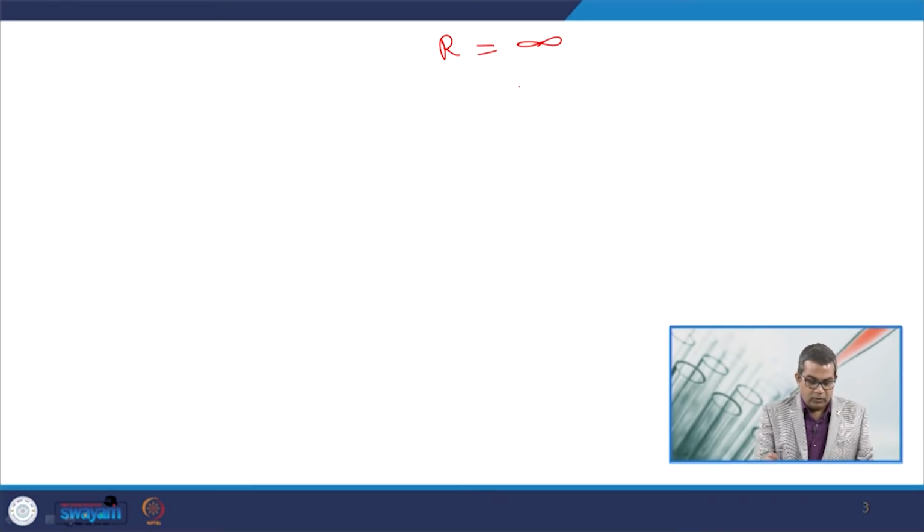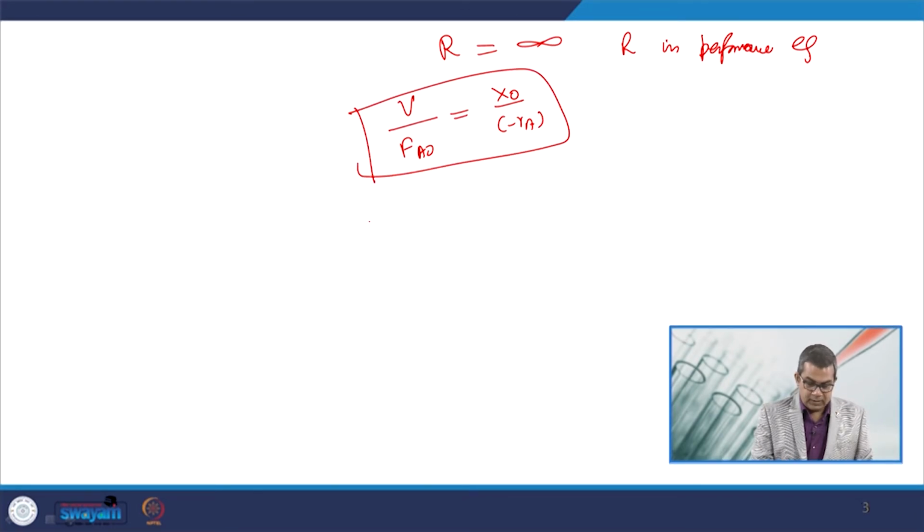So, putting the value of R in the performance equation for the recycle reactor, we have V upon F A naught equal to x naught upon minus R A. So, this is my final equation, the performance equation for the mixed flow reactor system.